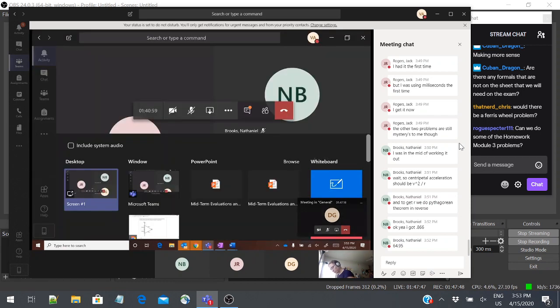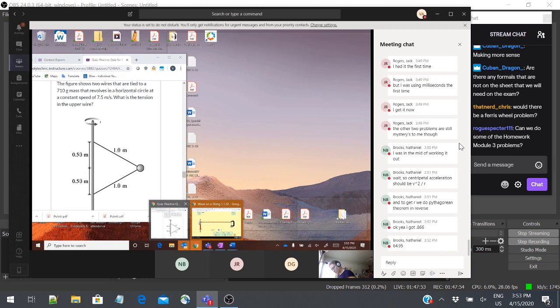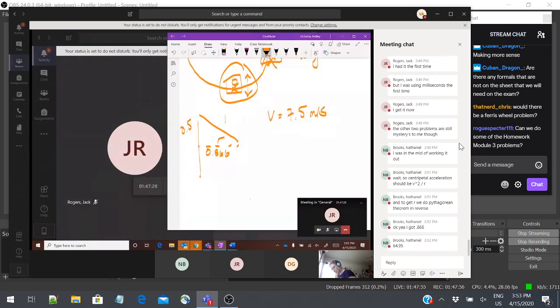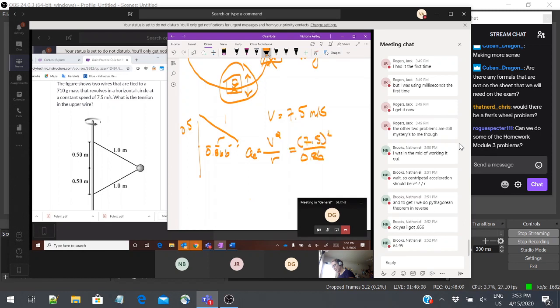So v squared over r equals AC, so that's 7.5 squared over 0.866, get 64.9 meters per second squared. Okay, then what?